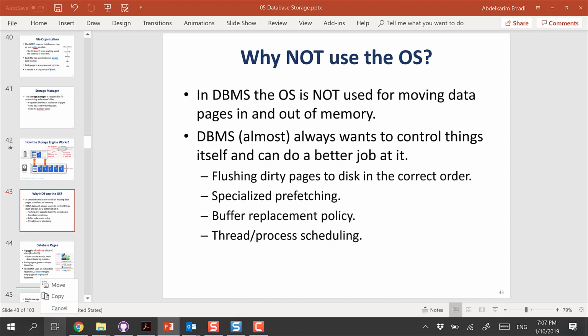It maintains statistics about each table, how many pages it has, and what the range of each column is, especially the key columns. We know the range. For example, if you have a student table, we know the range.